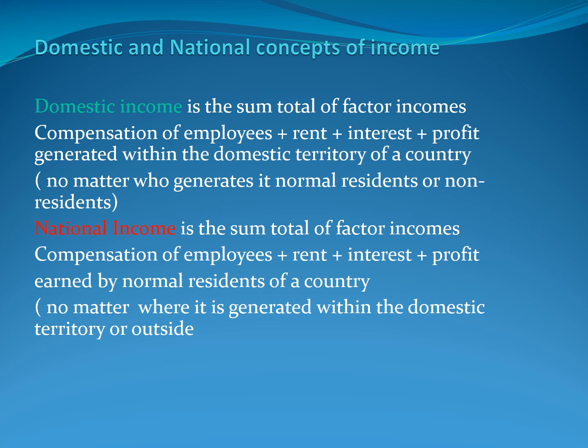Now, what is the difference? Domestic income is generated within the domestic territory of a country, no matter who generates it, normal residents or non-residents. But national income is the income which is earned by the normal residents of a country, no matter where it is generated, within the domestic territory or outside.